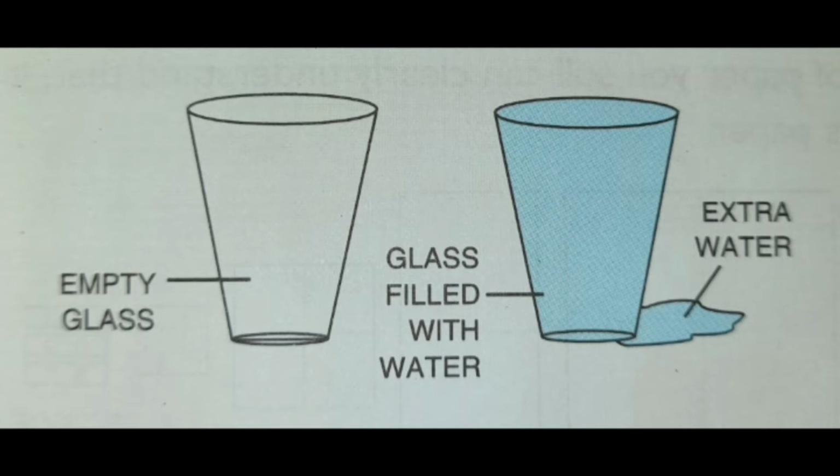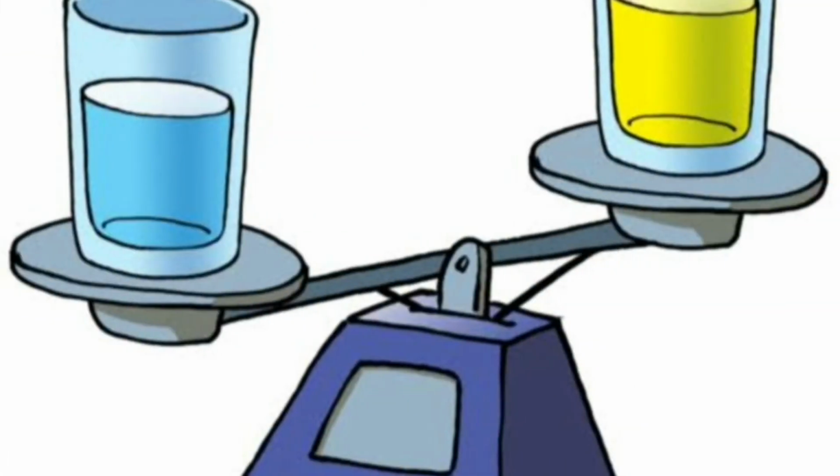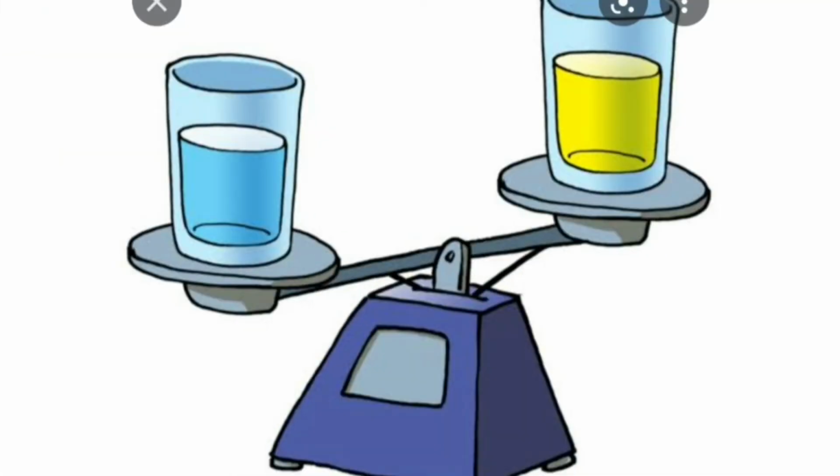Okay. So now you have to place these two glasses on a weighing balance. Like that. So here in this picture you can see that I'm putting those two glasses on a weighing balance.